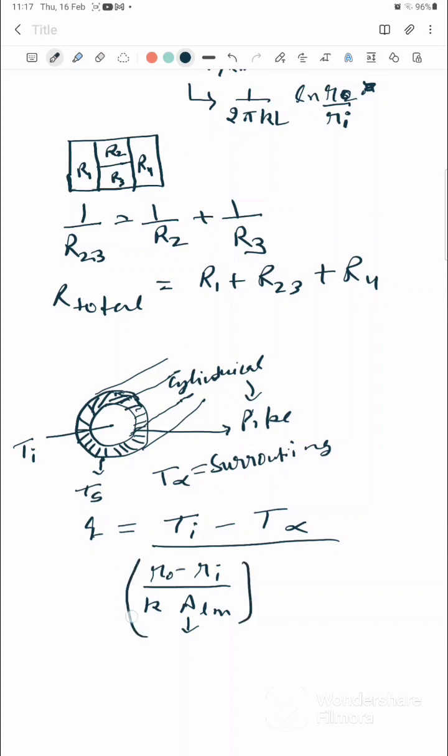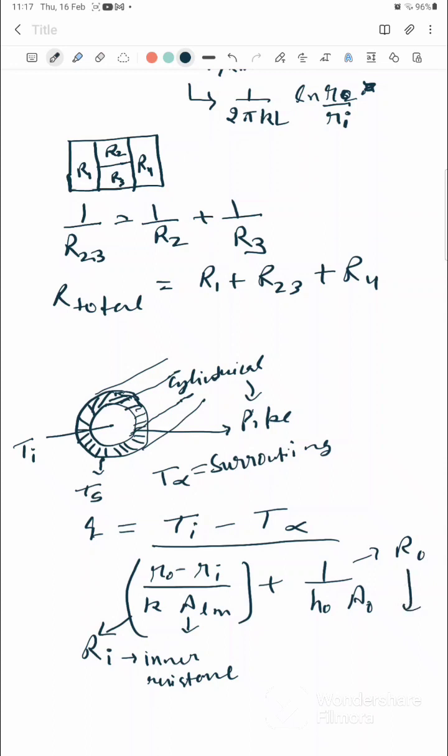This is Ri inner resistance, plus 1 upon H naught A naught, R naught, outer resistance.